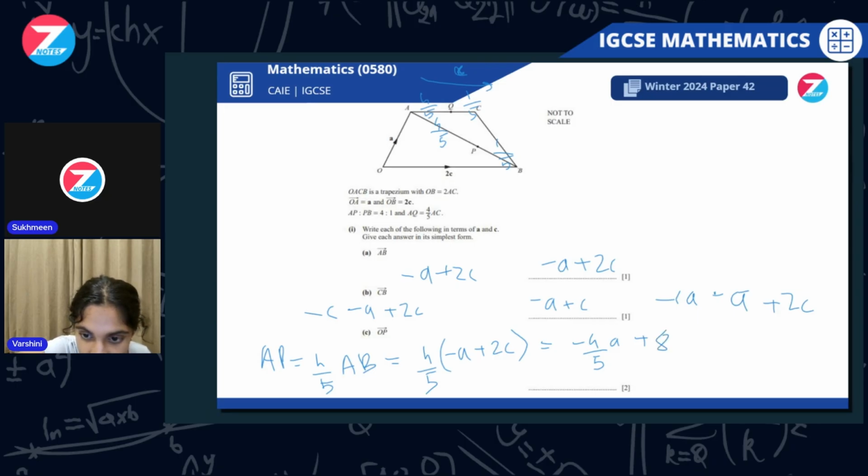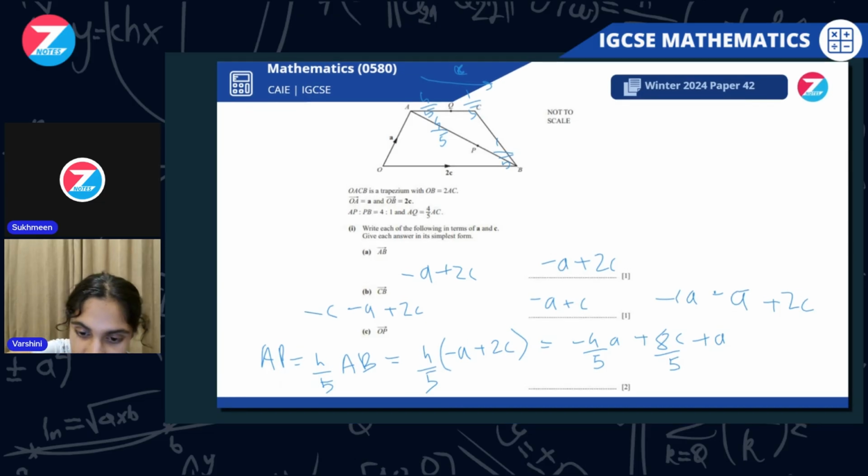So it's going to be 8 by 5C. And that's AP, so we're going to have to add A to find OP. So plus A. So now to simplify this, we know that these are the same term, A and A. So we can add these. It's going to be 1A minus 4 by 5A, which is 1 by 5A, plus 8 by 5C. So it's going to be 1 by 5A plus 8 by 5C.